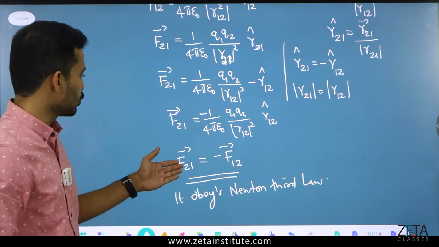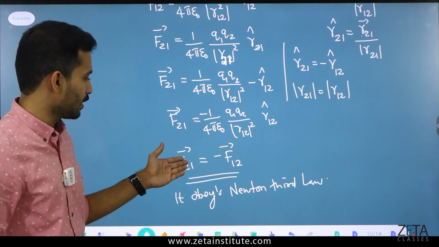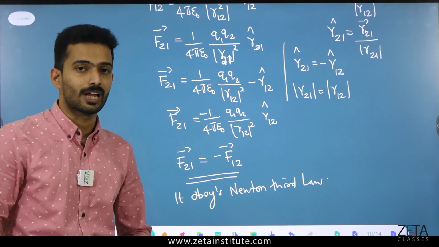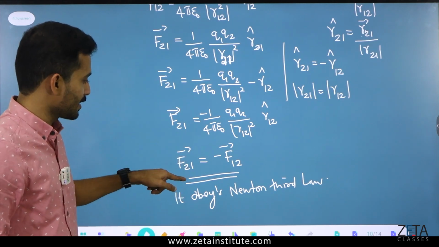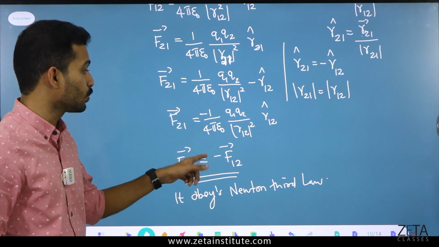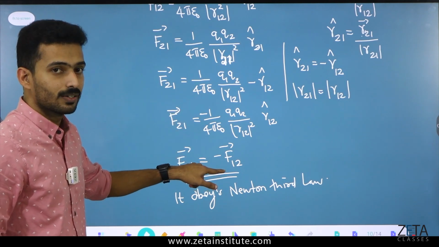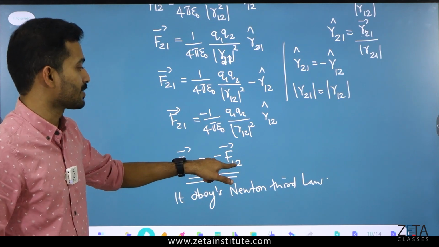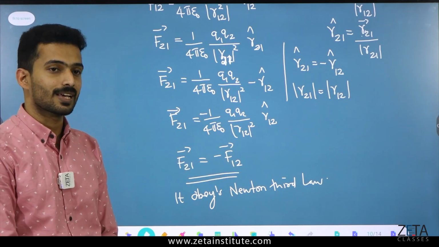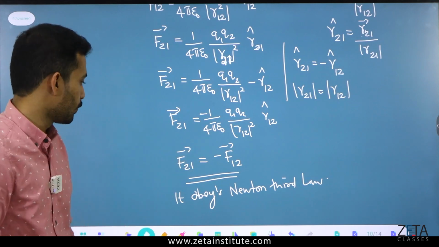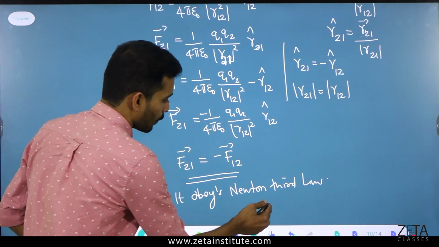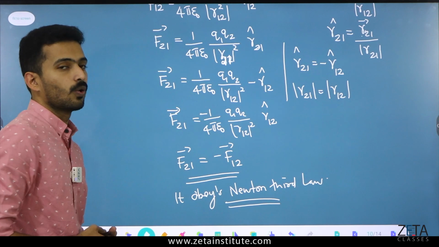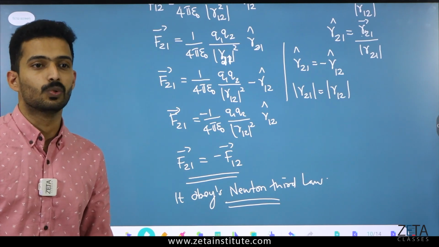How do we write it? You have to obtain this equation: the vector F21, the force acting on the second charge due to the first charge, is equal to the negative of the force acting on the first charge due to the second charge, because they are equal and opposite, so that it obeys Newton's third law. The Coulomb force obeys Newton's third law.